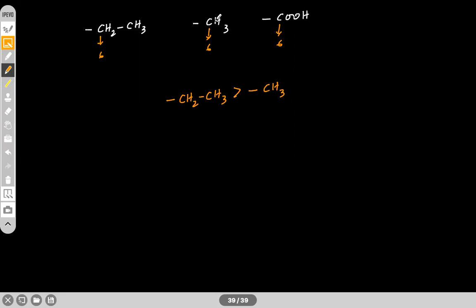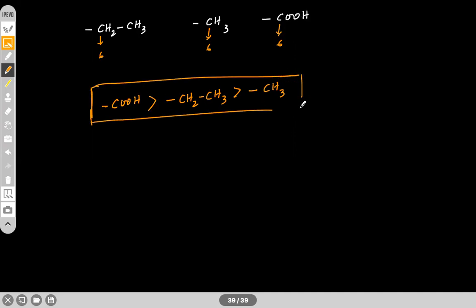Oxygen, hydrogen, and carbon we need to compare. Oxygen has more atomic number, so COOH has the highest priority in this group. Okay, so this is what we do when we have the first atom same in the groups attached to the double bonded carbon.